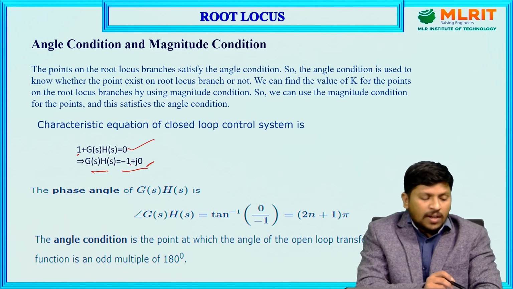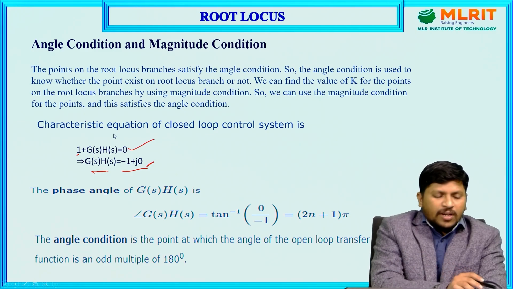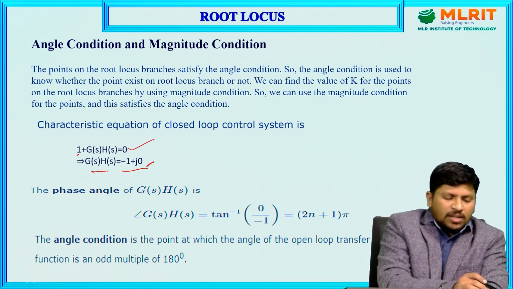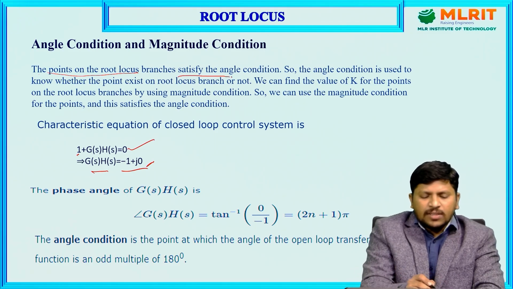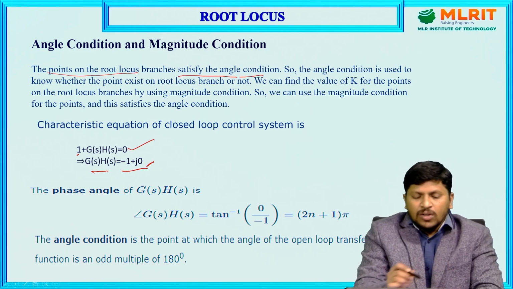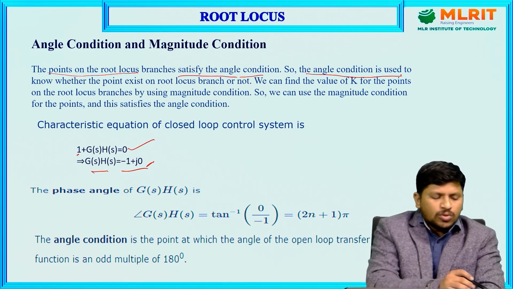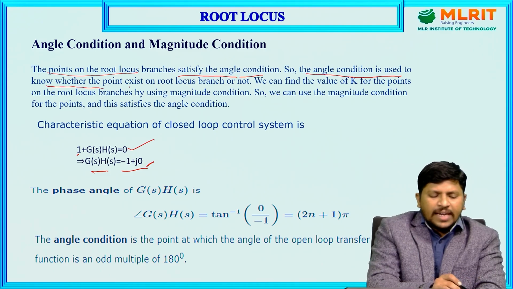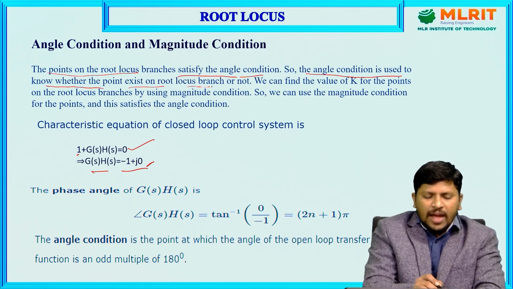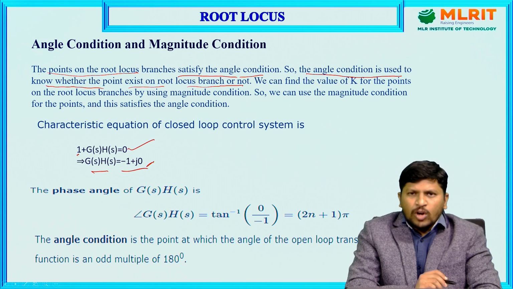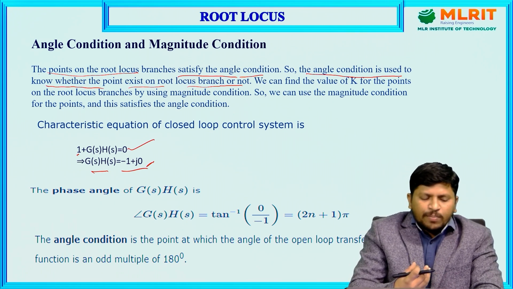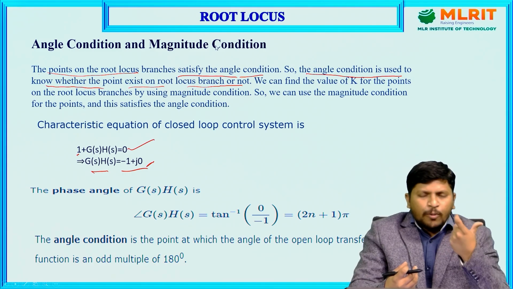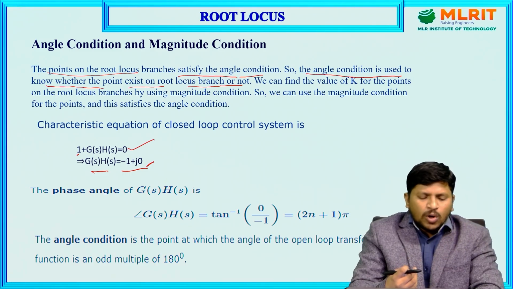For the angle condition and magnitude condition, the points on the root locus branches satisfy the angle condition. So the angle condition is used to know whether a point exists on a root locus branch or not.